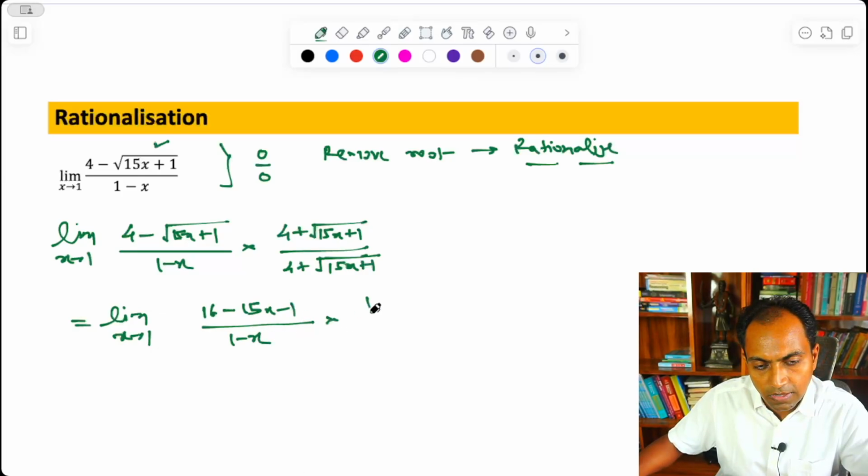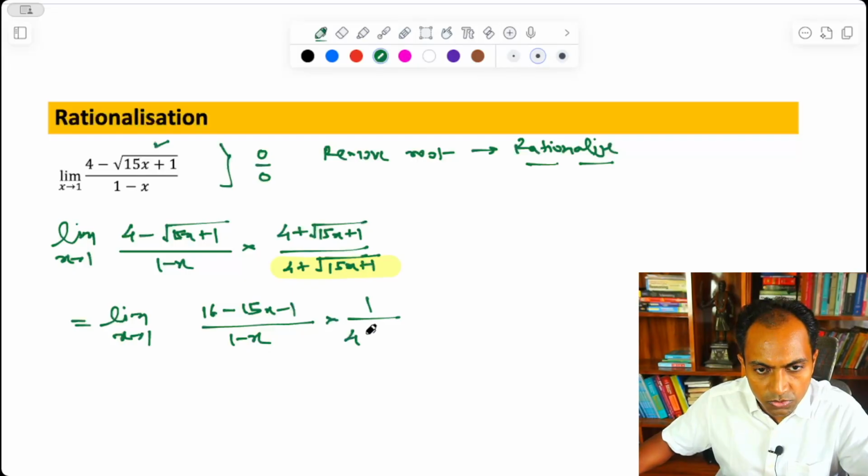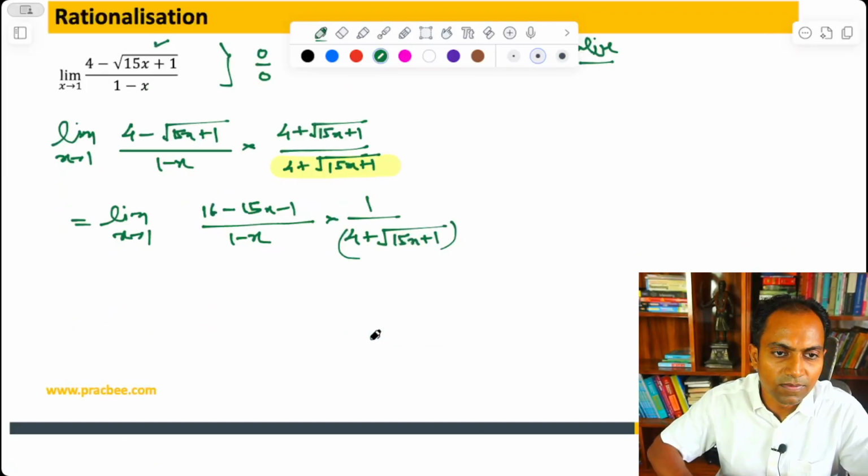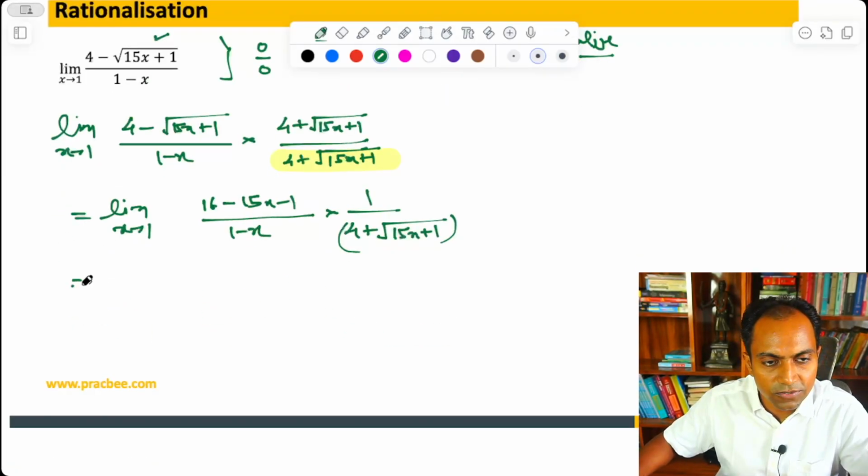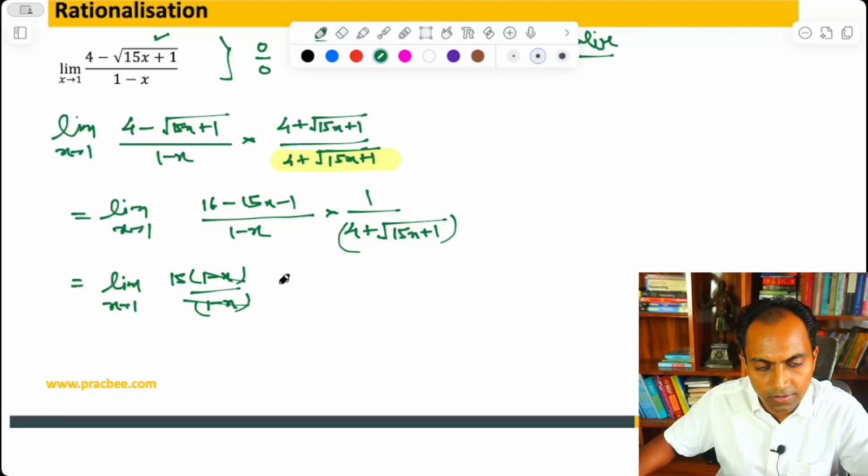And this term, you can see that this term is generating no indeterminacy. So no need to touch those terms or play with those terms that do not add any value to the discussion. Once we have done this, now what we have is limit x tends to 1. 15 we can take common. The first term will become 1 minus x by 1 minus x. This will get cancelled out.